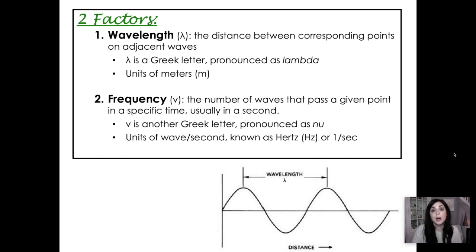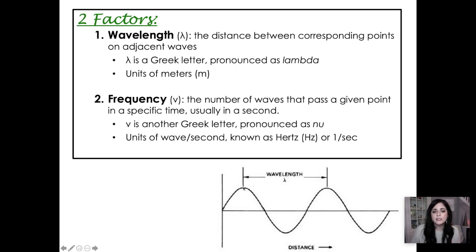So here's just a wave. It really doesn't matter what it is because we'll just demonstrate these two different factors. Notice I have this right here that's labeled as one wavelength. Corresponding points means the same point. So in this case, it's just the top of one wave and then the top of the next wave, and it's an adjacent wave, so it's right next to one another.